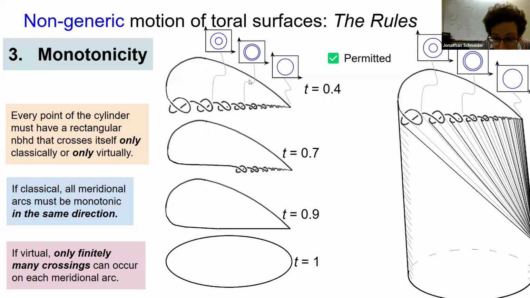So the existence of these non-generic moves is a bit of a thorn in my side if I want to complete the proof of my goal theorem. Setting these rules is just a starting point to trying to show that we can get rid of these non-generic types of motions and replace them with well-behaved Reidemeister moves.